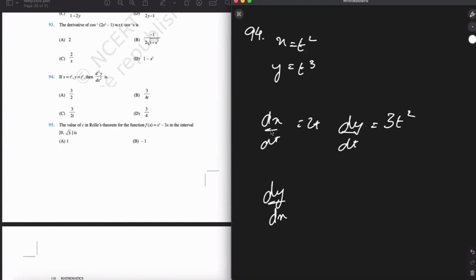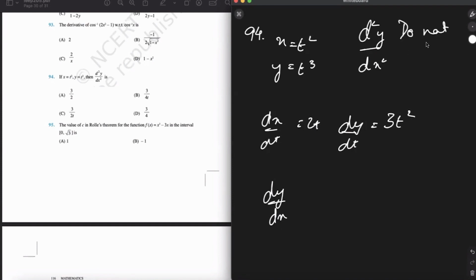Do not differentiate it further, because that would give d2x by dt2 and d2y by dt2, and dividing them is wrong. What you have to find is d2y upon dx square. I must have swapped the naming of the numerator and denominator, so just think accordingly.